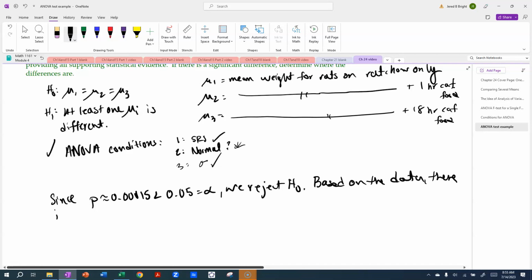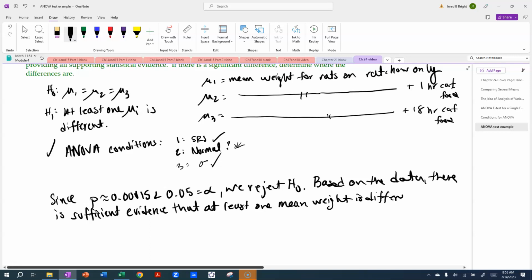There is sufficient evidence that at least one mean weight is different.